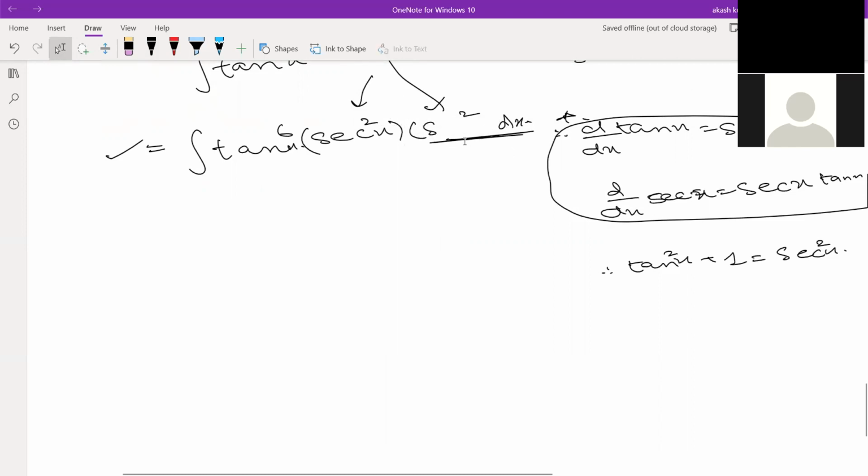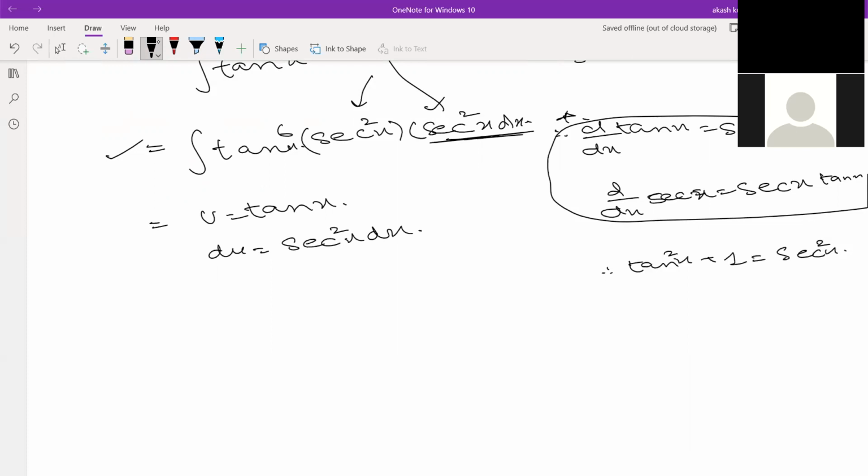So it is sec squared x. Now if I take my u as tan x, then my du will become sec squared x dx.